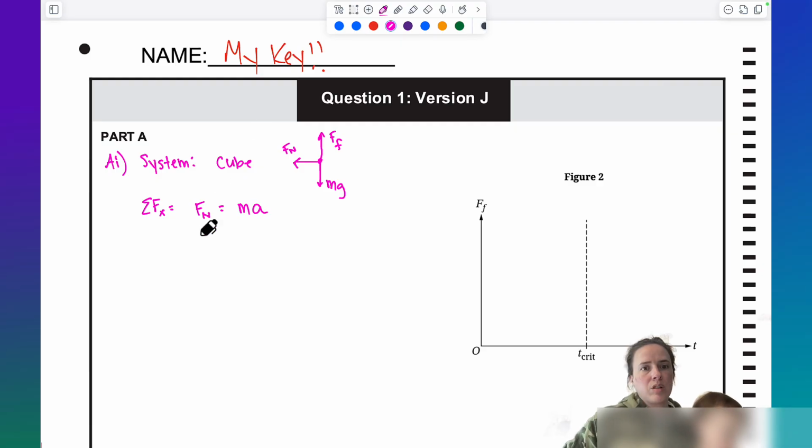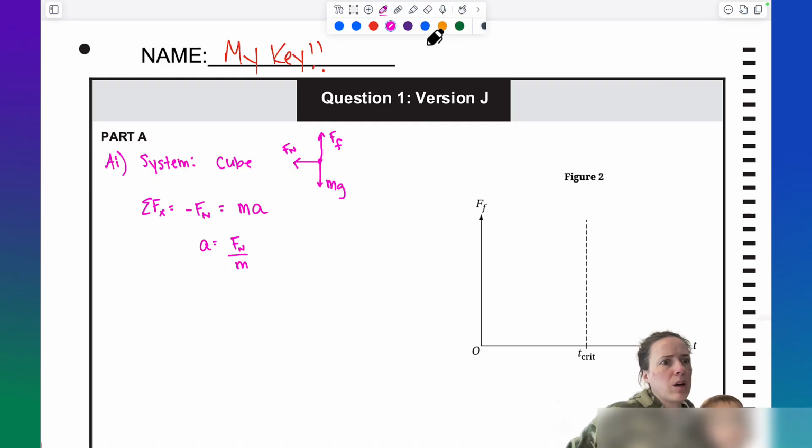And if we rearrange for a, our acceleration is Fn over m. Now, if you really want to, you can add a minus sign to say that we're going to the left. That's going to come out once we solve for the acceleration later, though. Because we're asking about the magnitude of the acceleration, we don't care, so it's up to you if you wanted to include it or not.